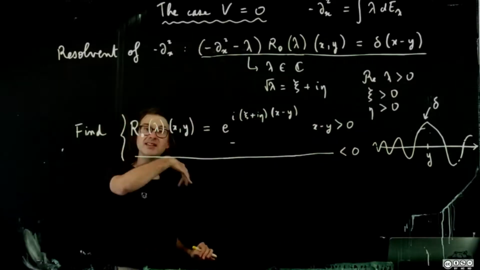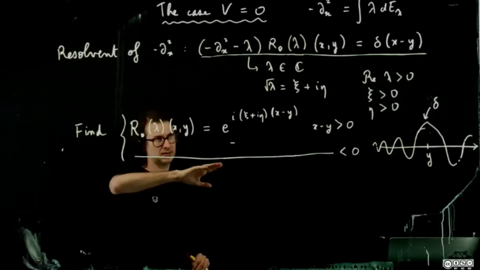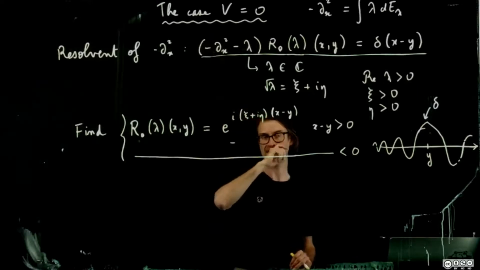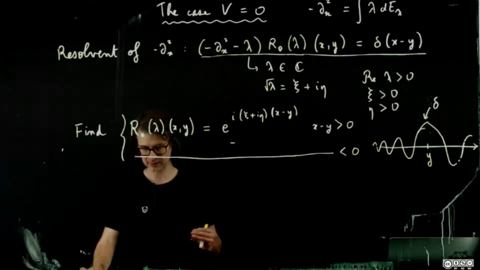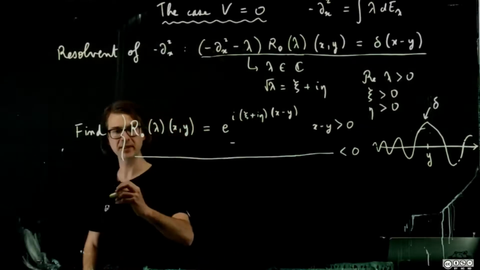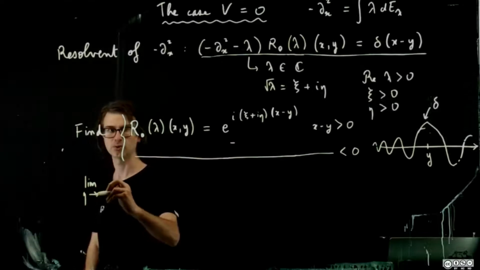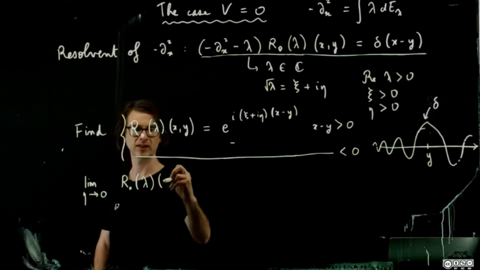Okay, so it's easy to compute what the resolvent is, and I think it's correct, modulo perhaps some sign errors. And then you can compute the limit as eta goes to 0 of r naught of lambda of xy.